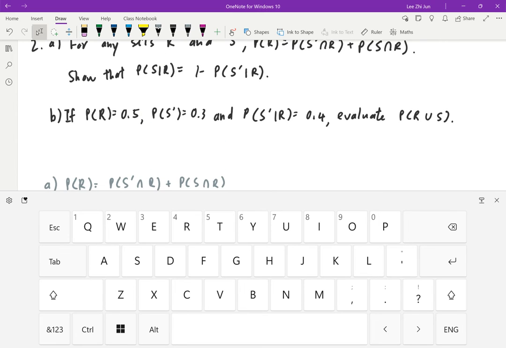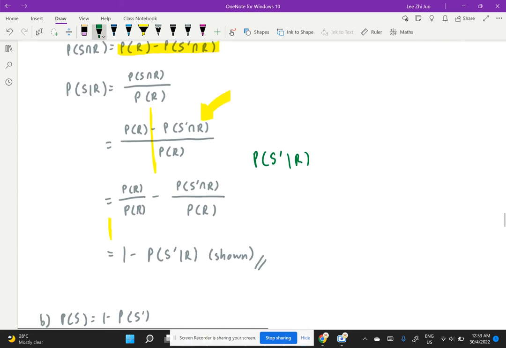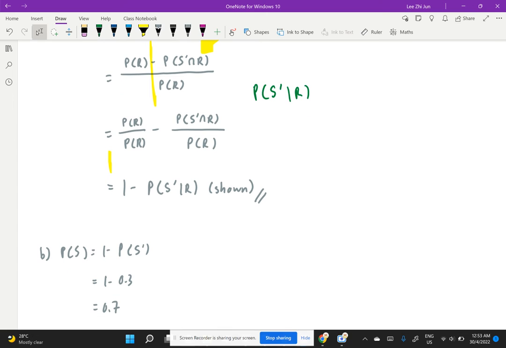If P(R) equals 0.5, P(S') equals 0.3, P(S' given R) is 0.4, find P(R union S), which can also be written as P(S union R). Before that, let me find the value of P(S), 0.7.